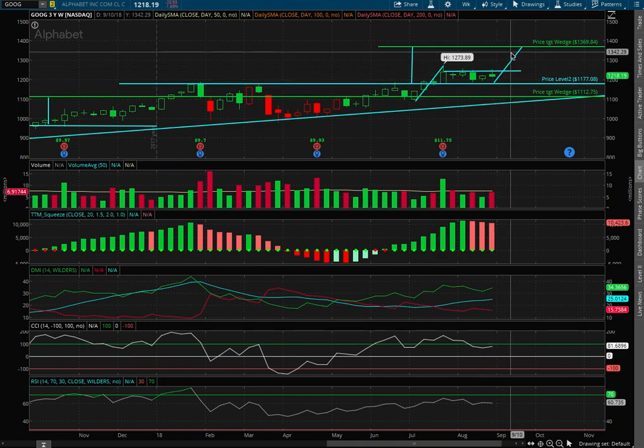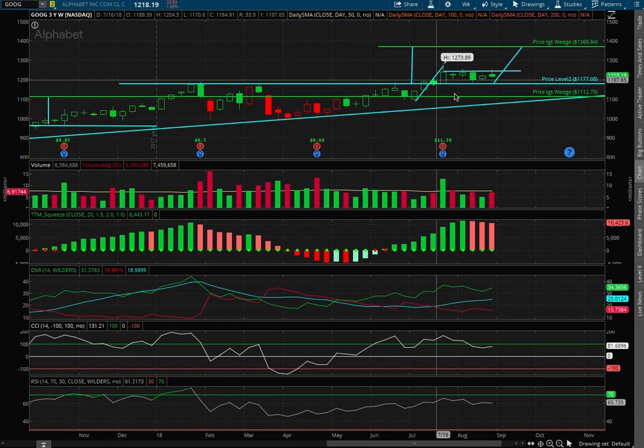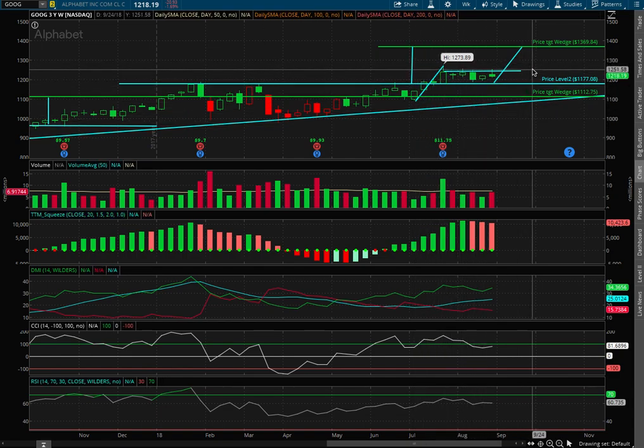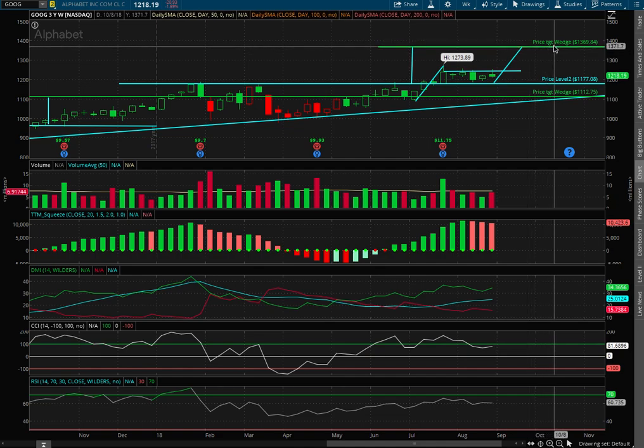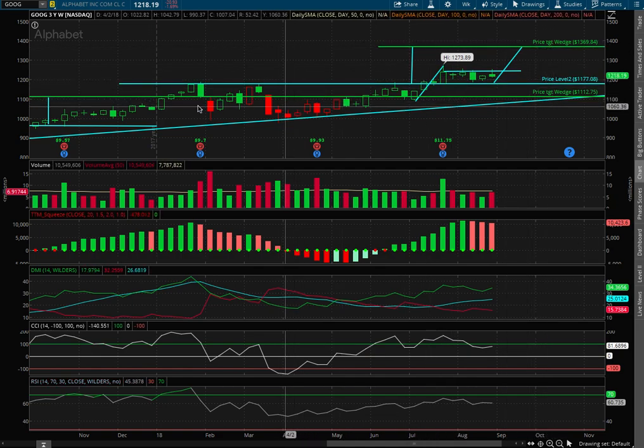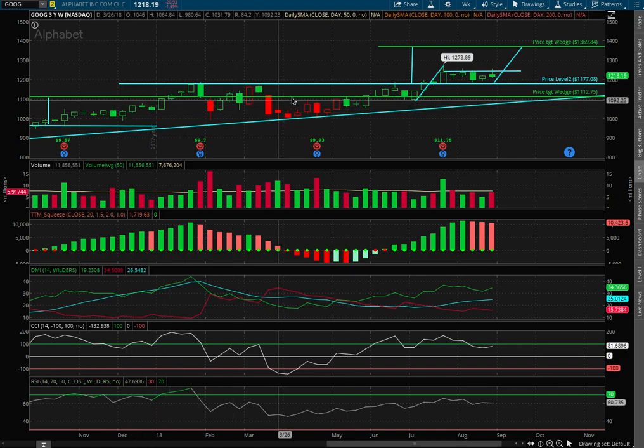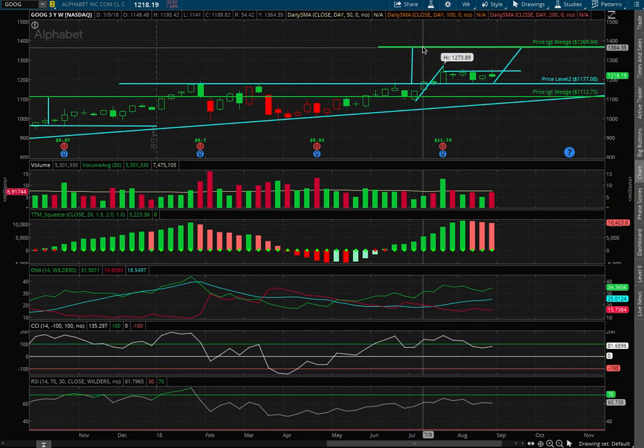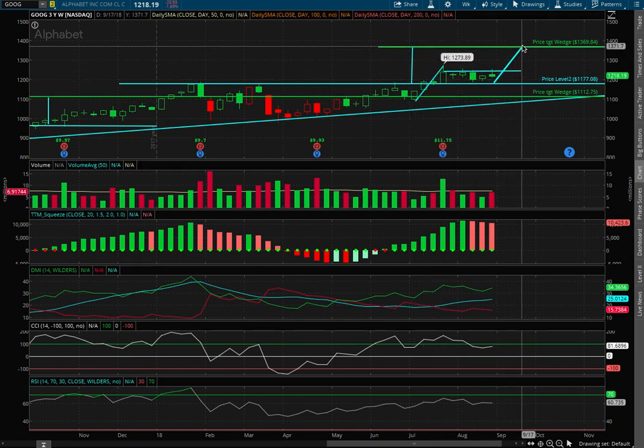And lo and behold, we hit where our price target for our wedges. So now we have double confirmation that this is a good price target, as we have one pattern, a longer pattern, saying that this is price target, and now we have a shorter pattern telling us that this is price target.